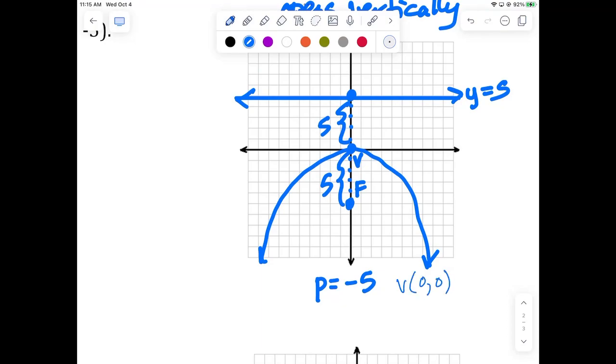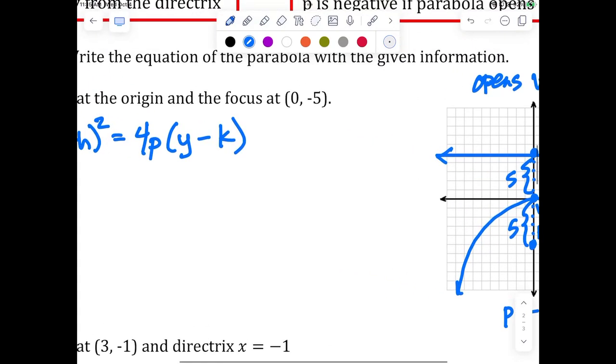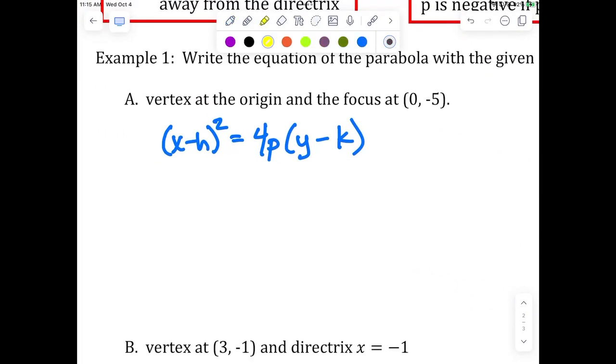So what is h? 0. And what is k? 0. And what is p? -5. That's really all we need to know to plug into here to get my equation. I need to know h, I need to know k, and I need to know p. So let's carefully plug in. I get x minus 0 squared equals 4 times -5 times y minus 0.